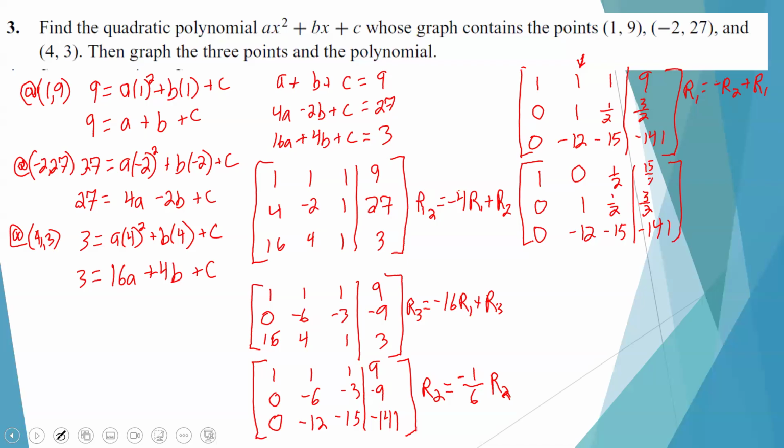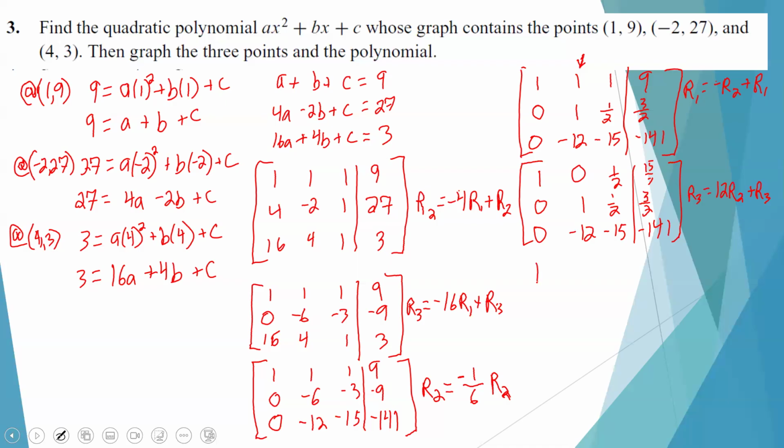And then, oh, lots of choices, but I'm going to do R3 is going to equal 12 R2 plus R3, right? That would be totally fine. So 1's not changing again. So I was going to stop, huh? Okay, well let's just finish this.